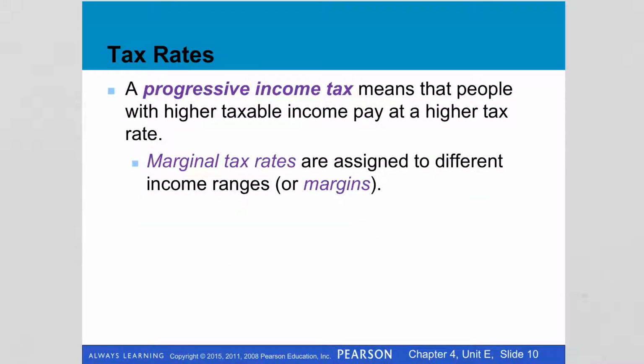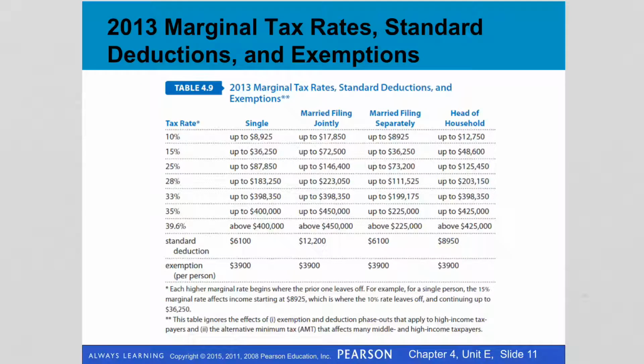Tax rates. A progressive income tax means that people with higher taxable income pay a higher rate, and marginal tax rates are assigned to different income ranges or margins. So this is what it looked like in 2013, okay?